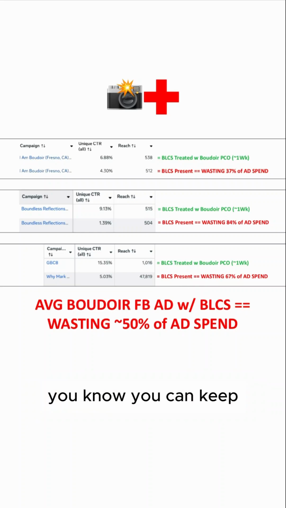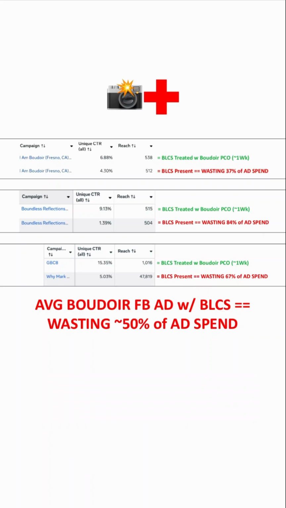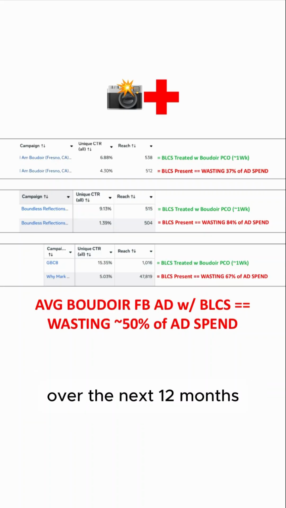You can pocket that approximately 5K a month and no longer have wasted spend. That'd be like 60K over the next 12 months.